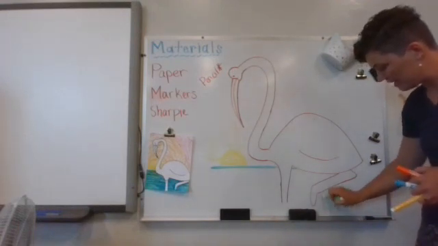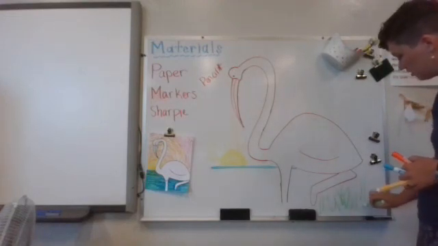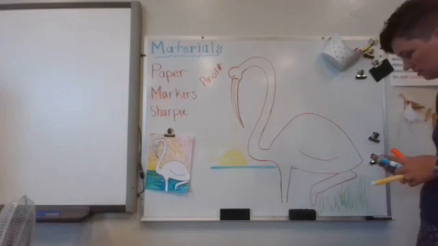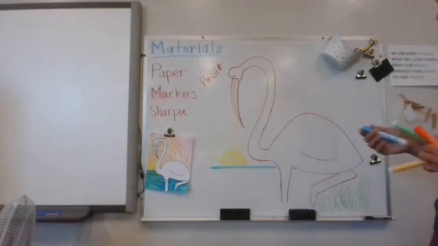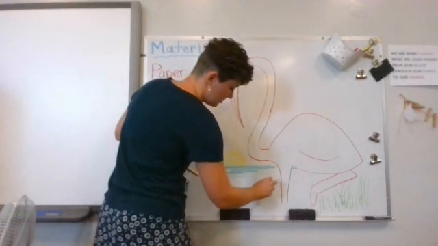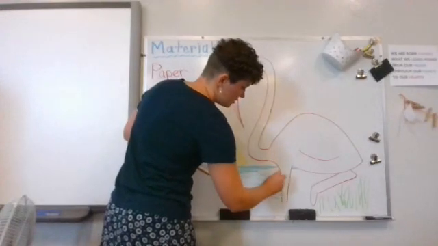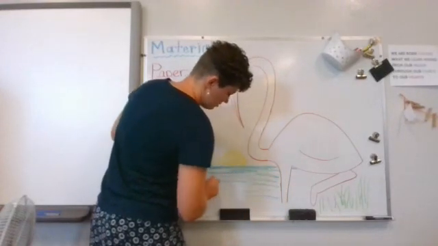Again, we're using our lines. Okay. And I'm going to spend some time coloring in my water using lines. So I'm just going to go back and forth. Now I'm going to grab a darker blue marker to go over some of those lines and add some different shades to it.